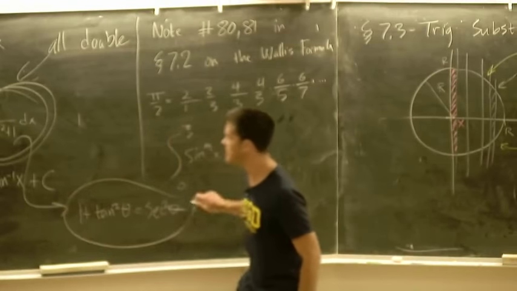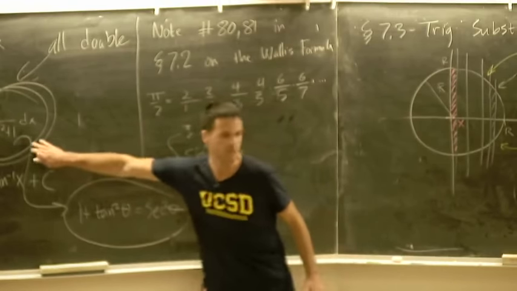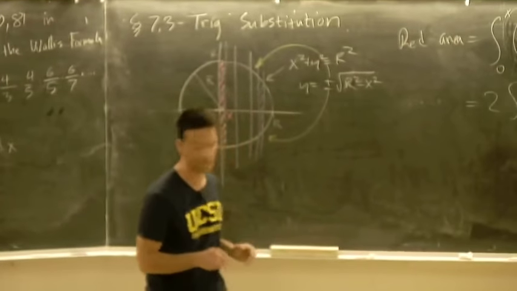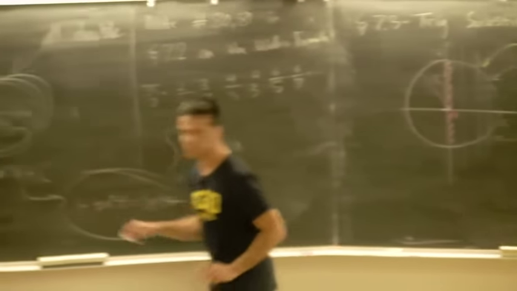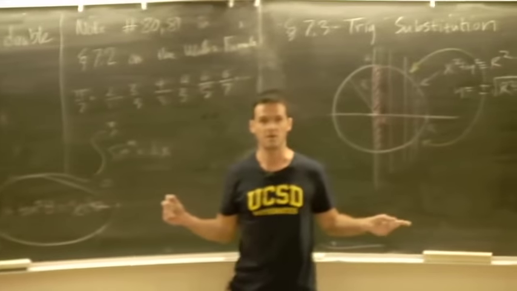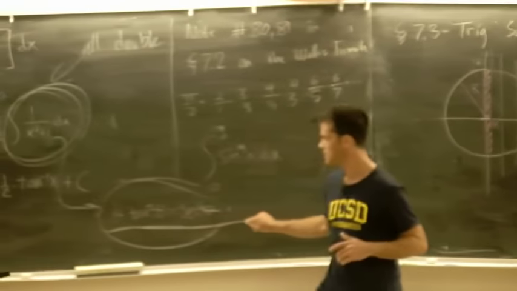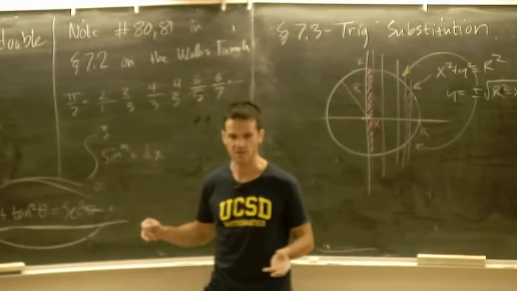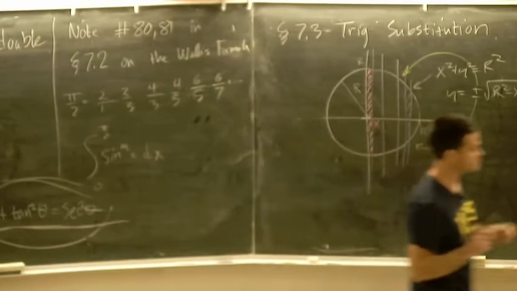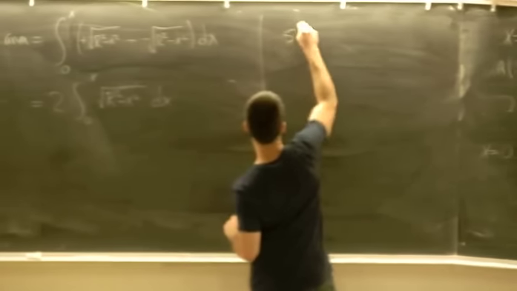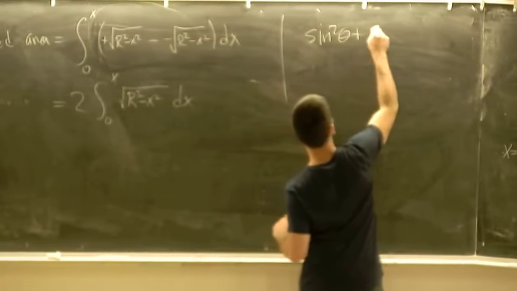Right? It all came down to that fact that we were able to transform that integral into something we could handle. So the trig substitution all relies on this formula if you're doing it with tangent and secant, or there's basically only two of them. The other one is sine squared plus cosine squared.